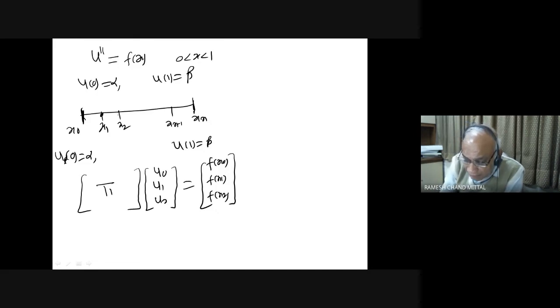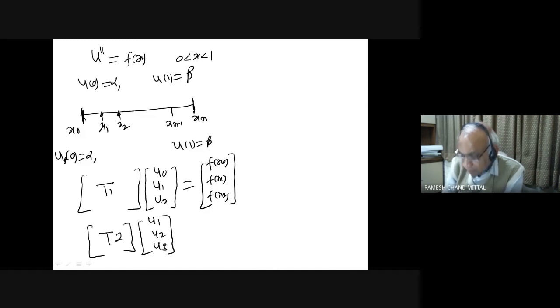Now when I go to the next point, I will have the same kind of structure T2, and this will be for u1, u2, u3. Because I'm taking a 3-point local stencil, I will have T1, T2. What I mean to say is I take 1 point before it and 1 after it, so a 3-point local stencil for each point.